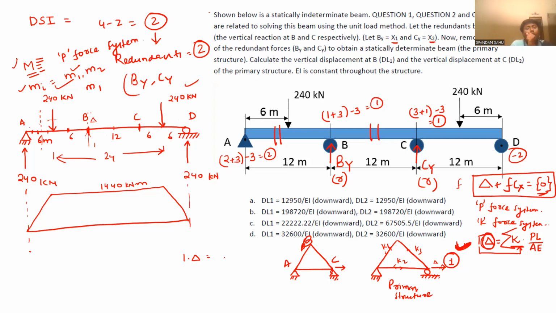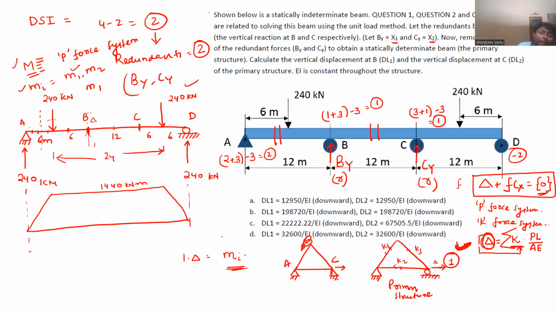Now, due to this 1 unit load, how is the bending moment varying throughout the span? Small m. Correct. And this small m is analogous to the K force system of the truss.